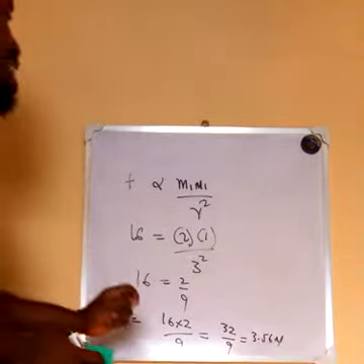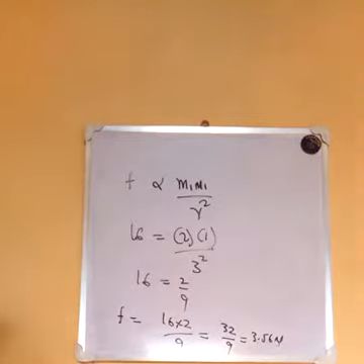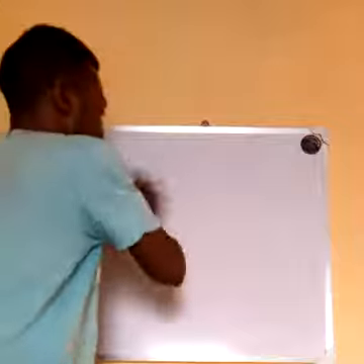The next condition: if the mass of both is tripled and the distance is doubled, what is the new force of attraction? Triple the mass, double the distance.